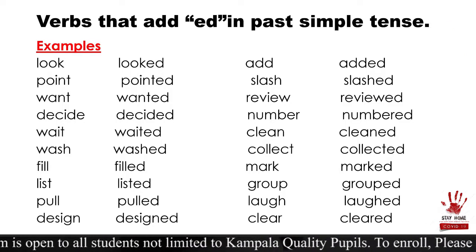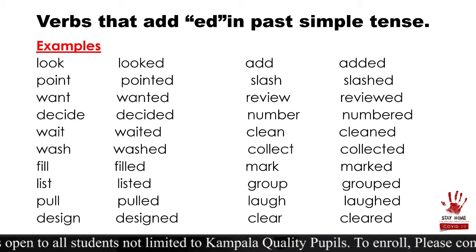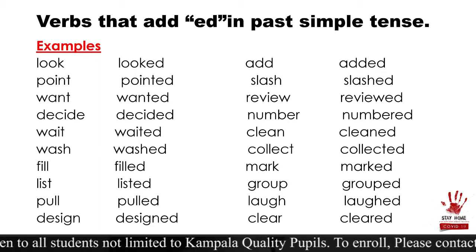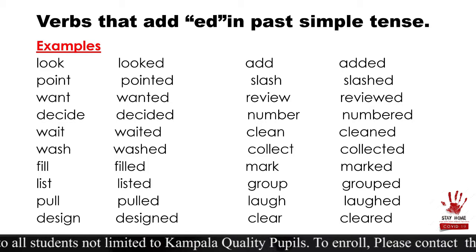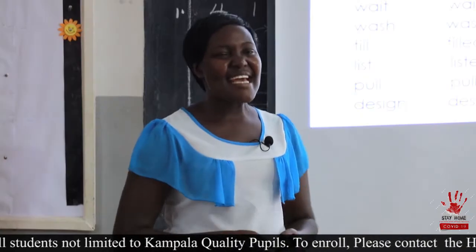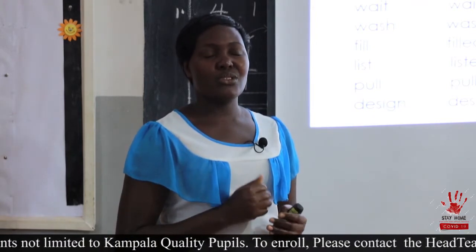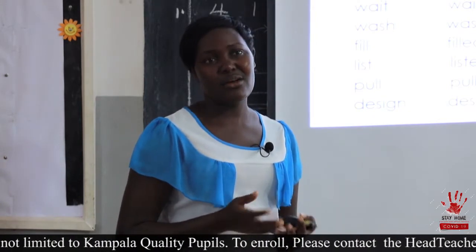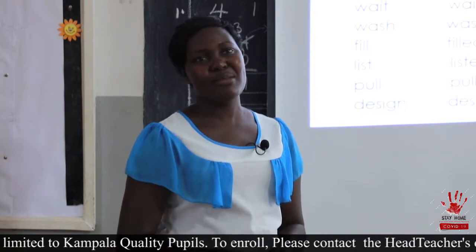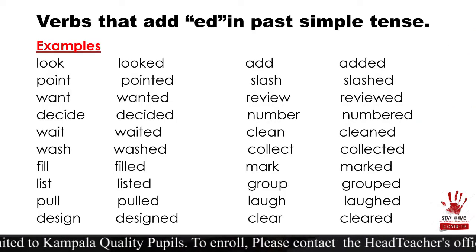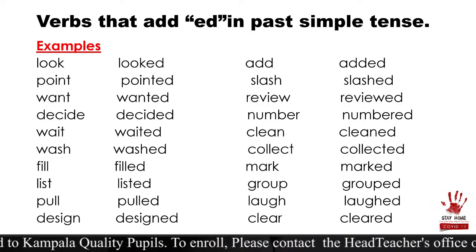Mark, marked. Your work should always be marked. Group, grouped. Laugh, laughed. Yesterday, I laughed. As I was talking to my friend, they had a lot of interesting things to tell me. So I laughed. Clear, cleared.